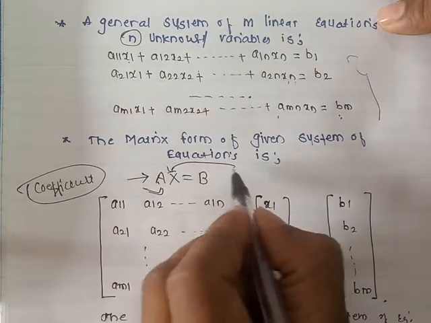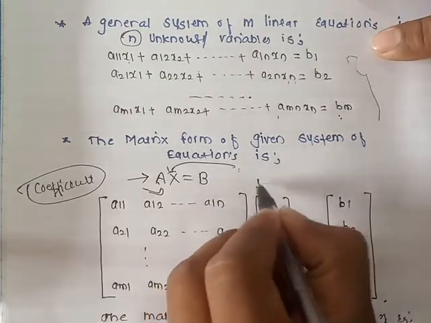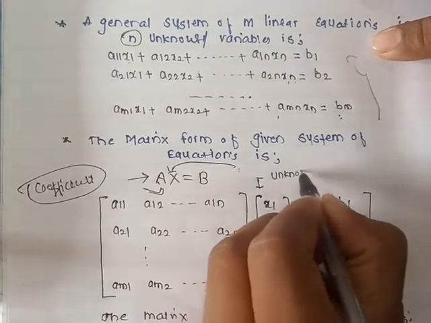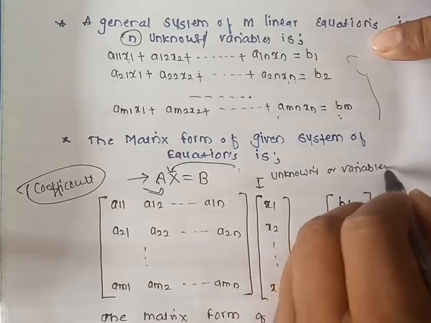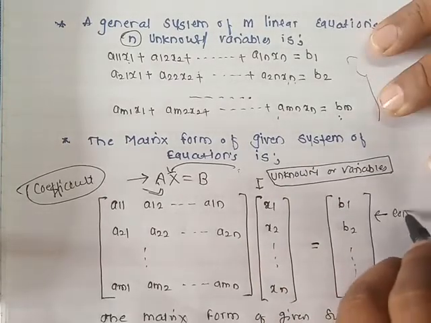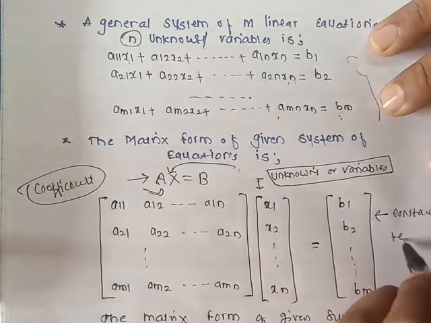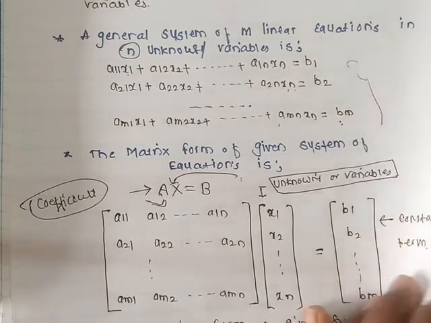These are the unknowns or variables, a column matrix, and this is nothing but the constant terms. Hence this is what the matrix form of the system of equations is.